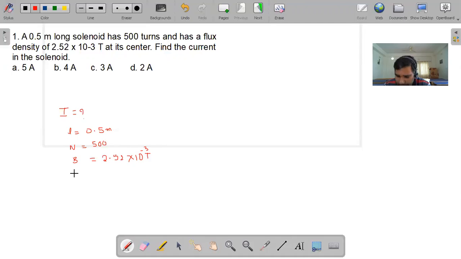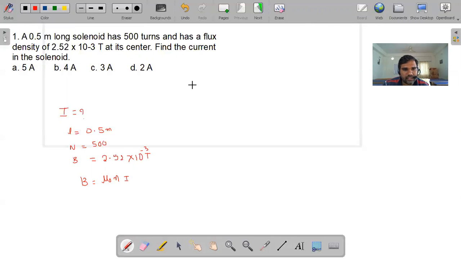We have a direct formula. So let us write that formula. B is equal to mu naught nI. Now what is the small n? Where small n is equal to the total number of turns per unit length.